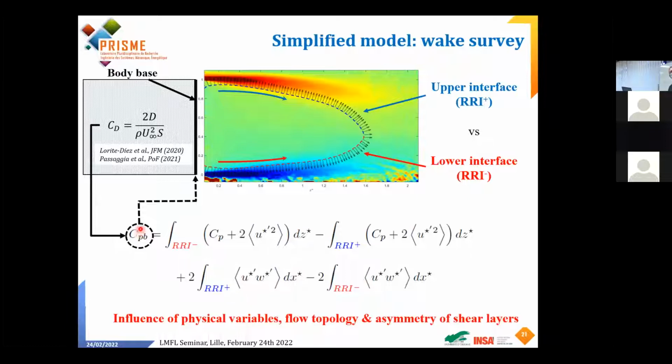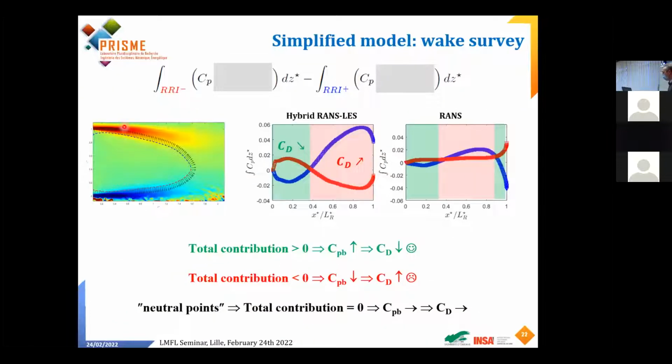And this quantity is directly connected to the drag of my body. This has been shown in different studies. Here I'm speaking about Lorite, Diez, and co-workers, and Passagia and co-workers, where we have a linear relationship between this base pressure and the drag. Okay, let's continue. Let's look first at the pressure effect.